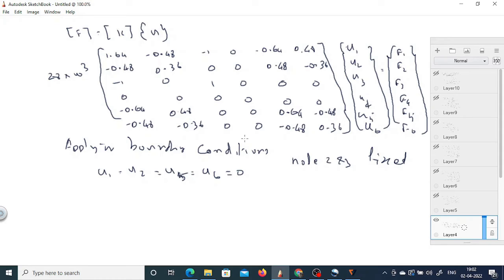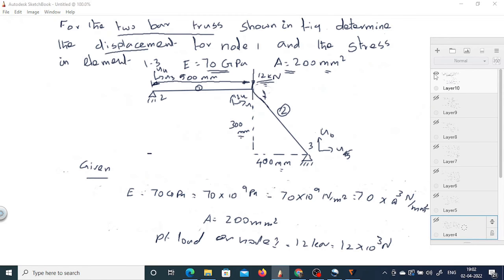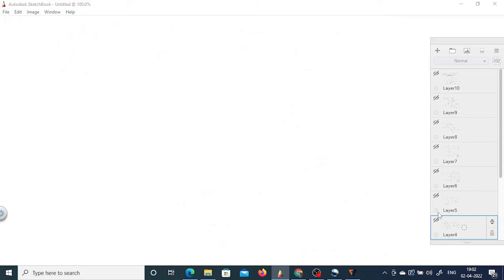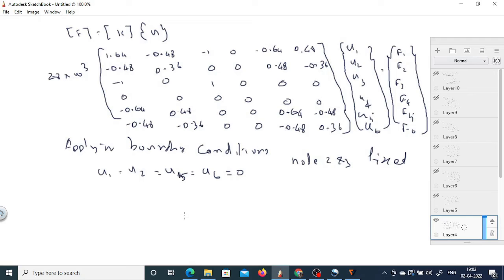In our problem, the first node only has the point load, which is 12 kilonewton. So a point load of 12 kilonewton is acted on the body. In boundary conditions, I should consider this force also.